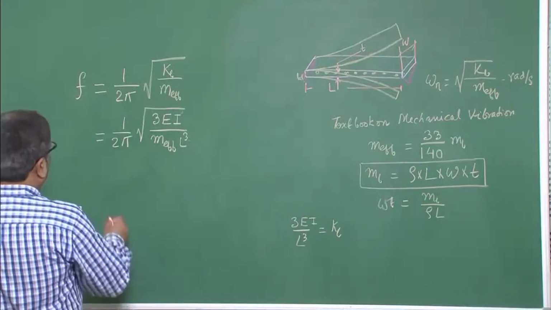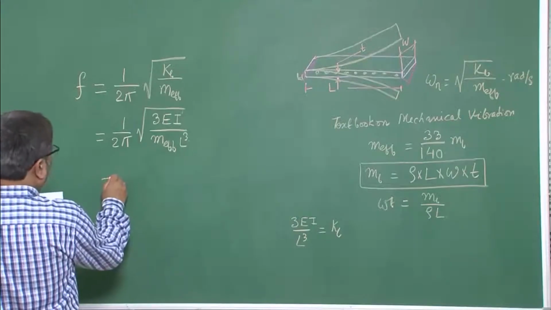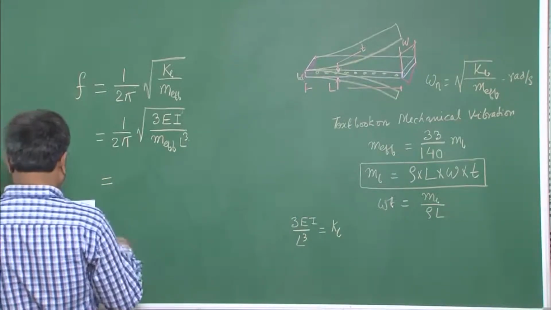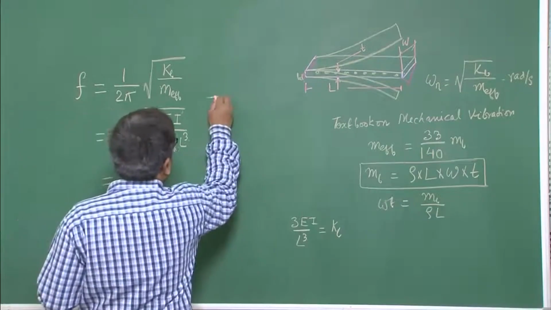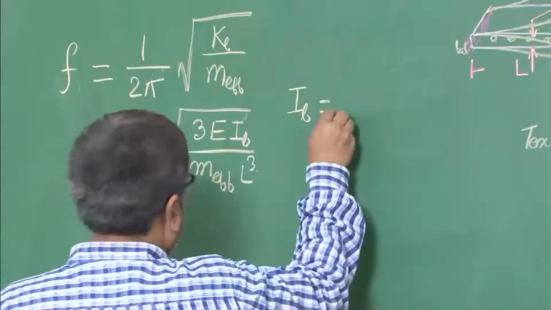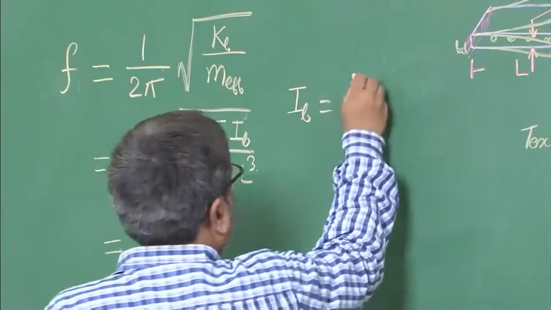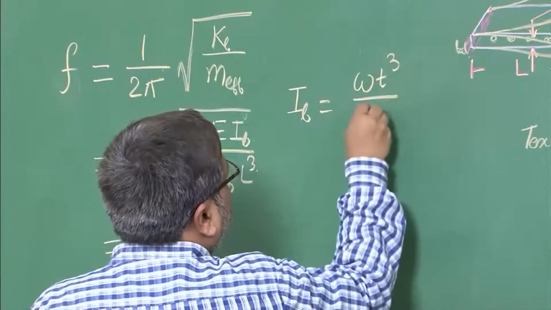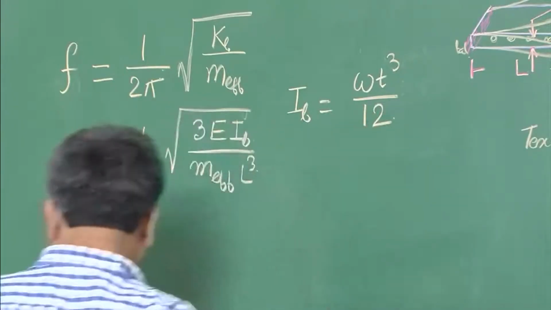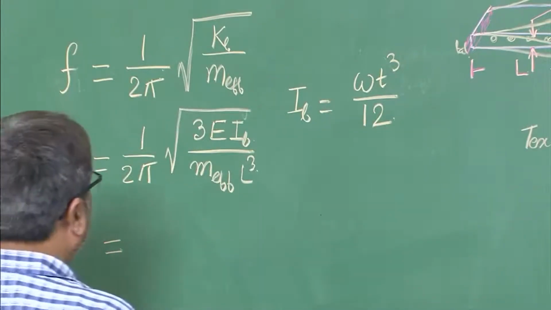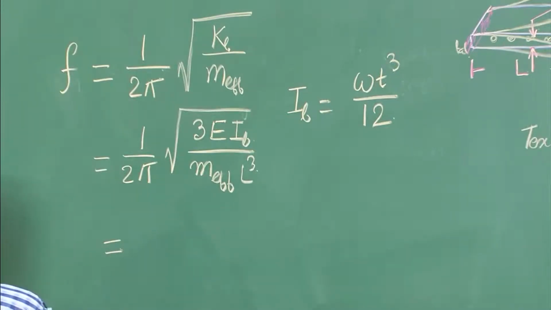So if I now work further, we also have to keep in mind that I of the beam is actually W T cube divided by 12. And so I can put that expression also here.